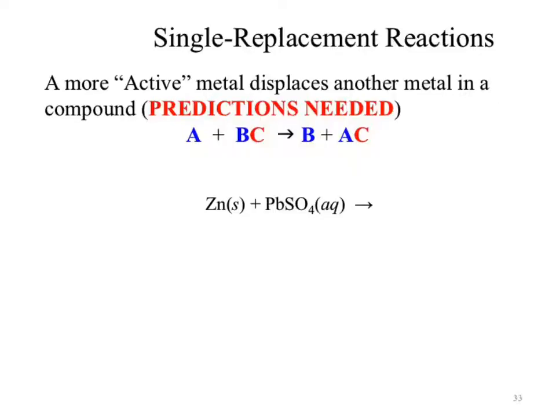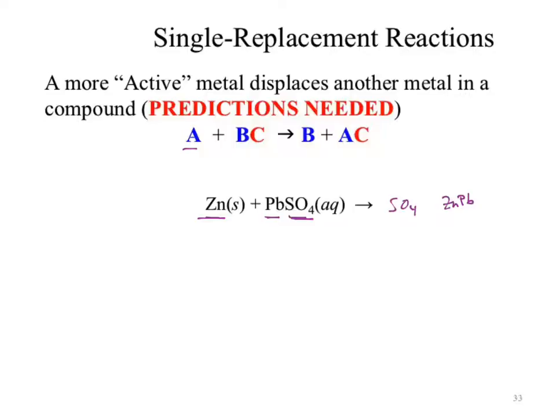So we know that this matches our formula A. We have a B and a C. We have 2 parts to lead sulfate. That's why we say lead sulfate. Name each of those parts. So that matches the formula or system for single replacement reactions. The question then becomes, which 2 species should exchange? Should I end up with sulfate and zinc lead?